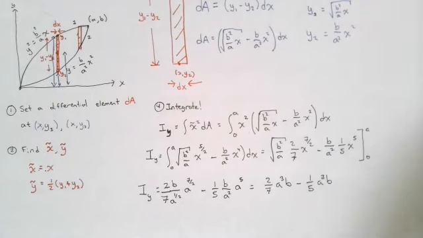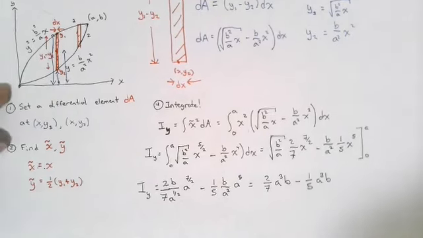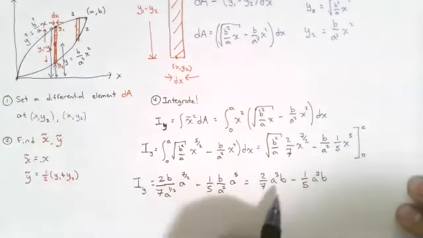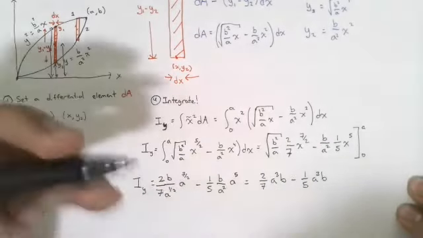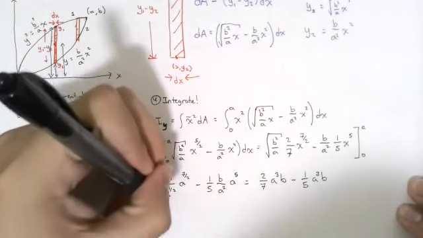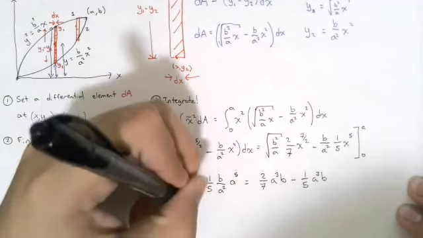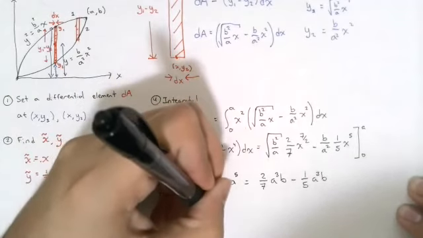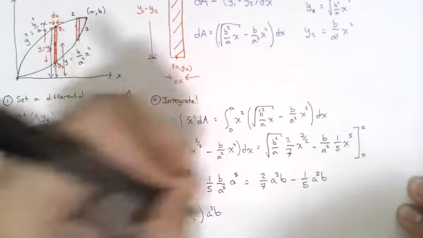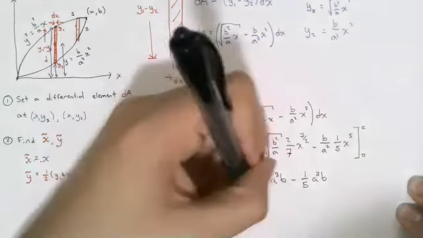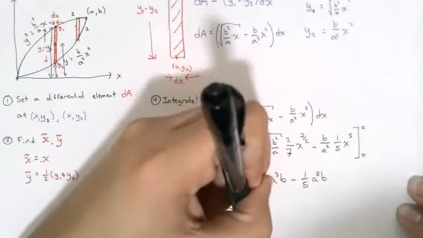And finally, we get 2/7, right, minus 1/5. So 2/7 minus 1/5, I can factor out the a to the power of 3 times b. And if I want to subtract two numbers, I can just find a common denominator. So if I multiply the first term by 5/5, I get 10/35.